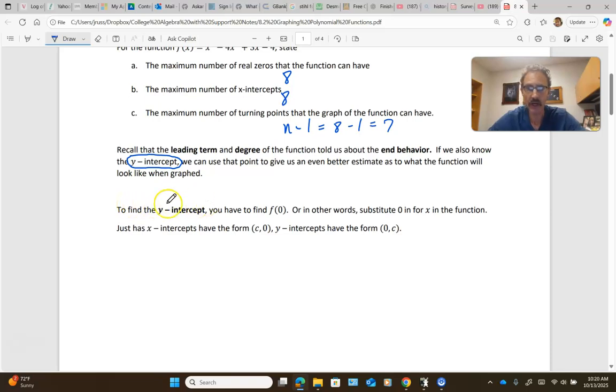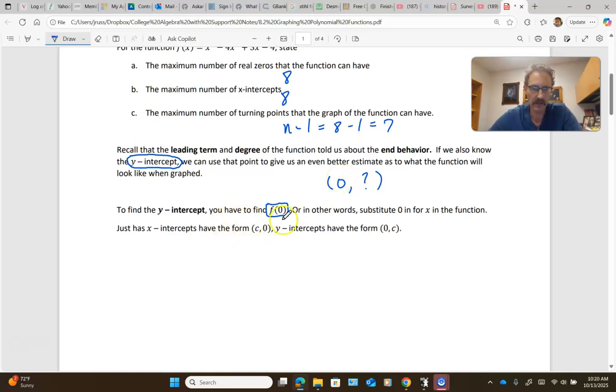For it to have a y-intercept, it has to cross the y-axis, so there will be a point on the y-axis. Well, what's the x-coordinate of any point on the y-axis? Well, its x-coordinate has to be 0. Okay. So to find the y-intercept, or to find the y-coordinate of that point, you just plug 0 into the function. Okay, or in other words, you evaluate the function whenever x is 0.